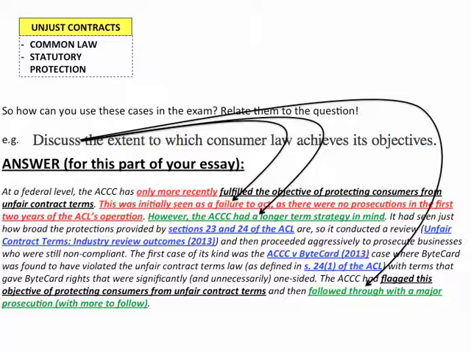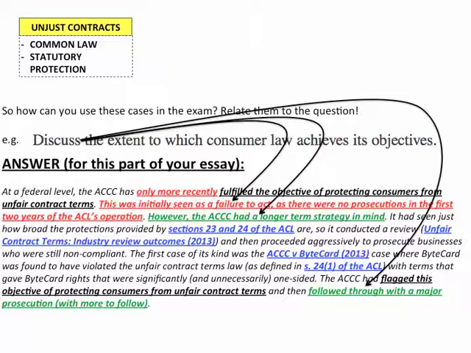Avoid long sets of facts. You can see that I've really quickly given just a glimpse of the facts in an exam answer. I would encourage you to do the same thing. Please don't write really long stories, because they just frustrate the markers to tears. They're going, okay, you don't need to tell me about everyone in the case. That's what lower quality students do, because they can remember a story.